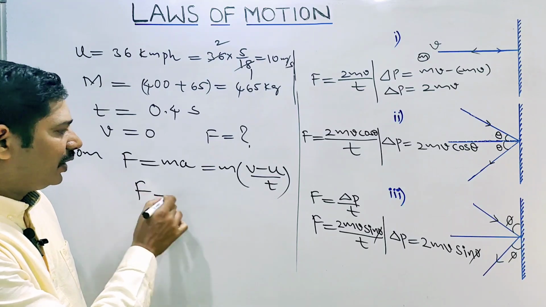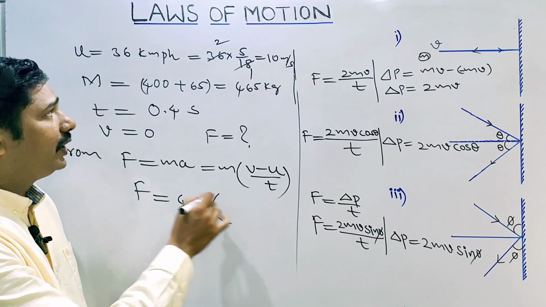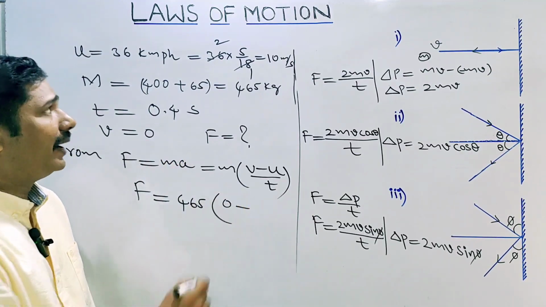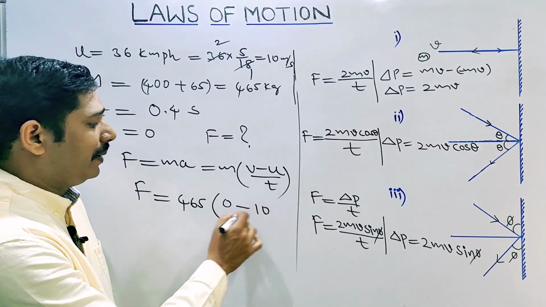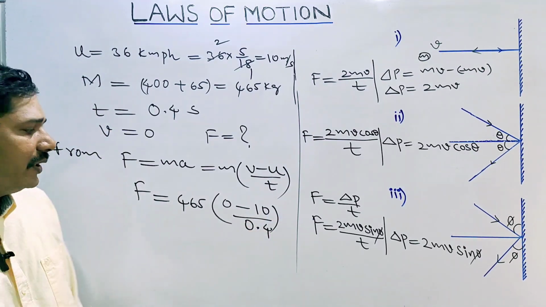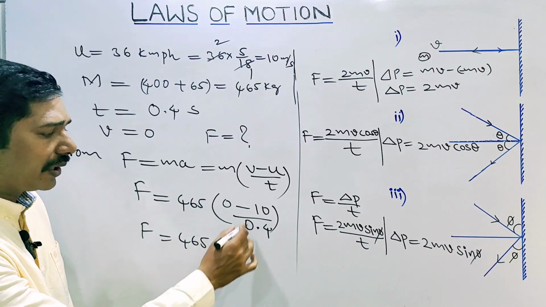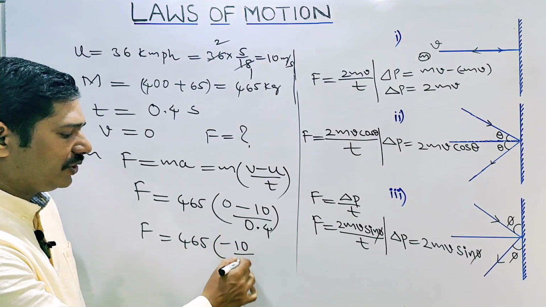F equal to m, the value is 465, into v minus u, 0 minus u is minus 10, by t, which is 0.4 seconds. So now F equal to 465 into minus 10 by 0.4.